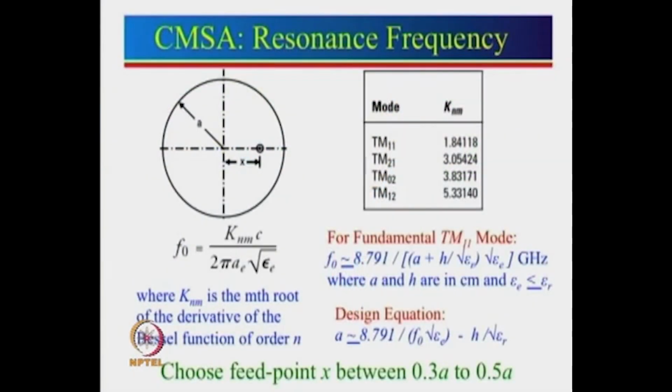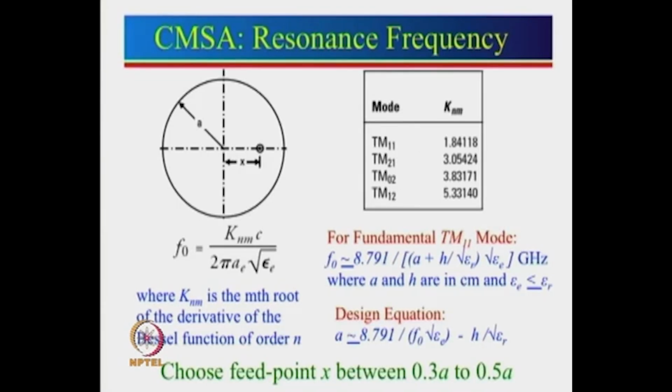But in the case of the circular microstrip antenna, if we now see KNM, which is 1.84118, the second mode is at 3.05, you can see that it is not double the frequency. Even the third mode is not exactly double the frequency. The TM12 mode is also not exactly 3 times.